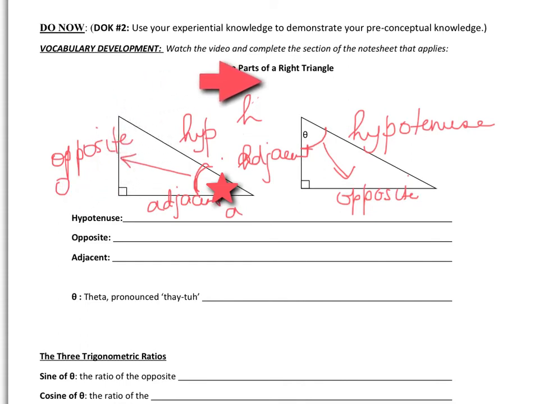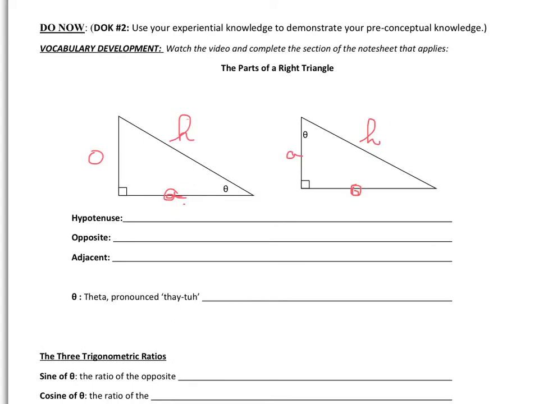All right, now let's go to this one. Now the star moves here. Opposite the star, we have the opposite. Next to the star we have the adjacent. And of course the hypotenuse is always opposite the right angle. Let's just do a quick recap. We have our main angle, theta. Opposite the angle is opposite.